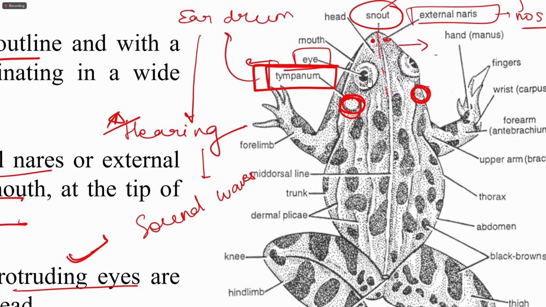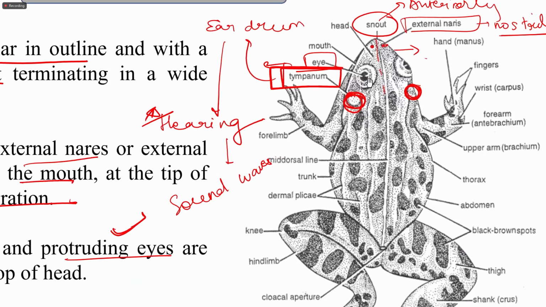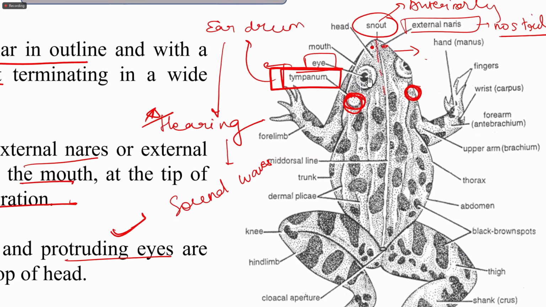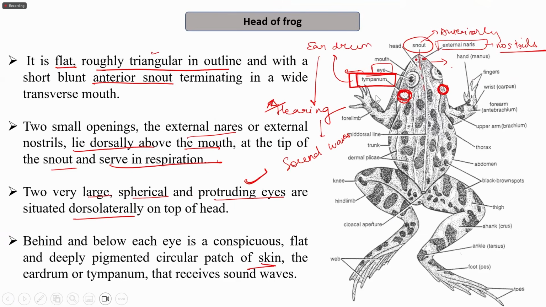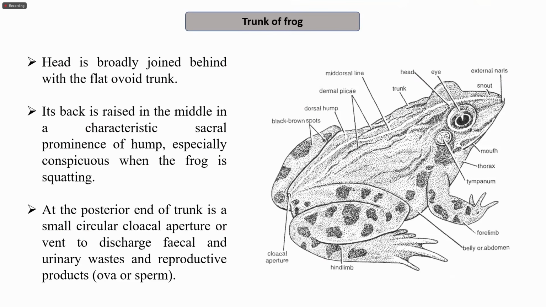The upper eyelid is immovable, while the middle eyelid is movable, and the third eyelid is the nictitating membrane that helps in prevention of water entering the eyes during swimming. Then they have eardrums, the patch-colored structures known as tympanum, that help in hearing. Now we'll talk about the trunk of the frog.